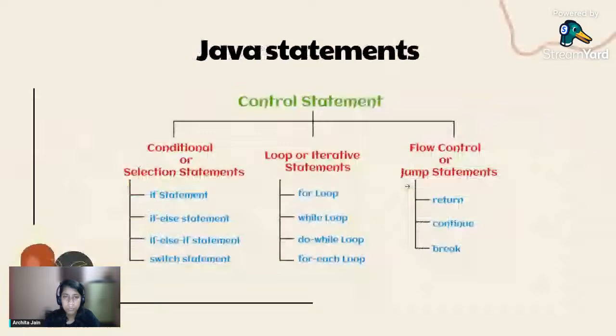Now, talking about Java statements, there are many types of Java statements that you all must be aware about, and some of these are those that you are not aware about. First one is the conditional one. Conditional one, as I have already told you, that if something is true, then first statement will run, else something else will run.